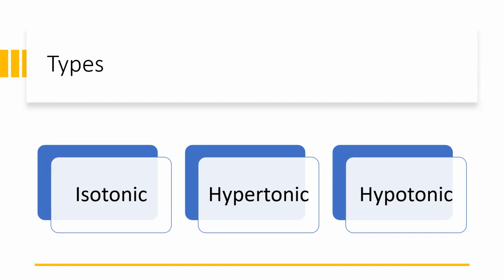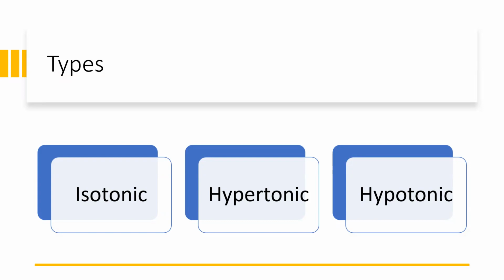So there's isotonic, hypertonic, and hypotonic dehydration. Isotonic dehydration is when water and dissolved electrolytes are lost in equal proportions. This is also known as hypovolemia.